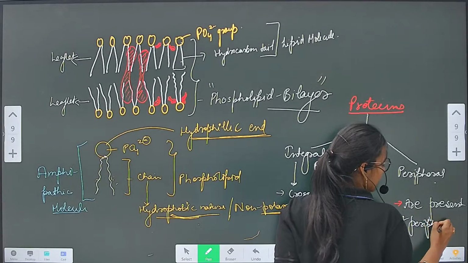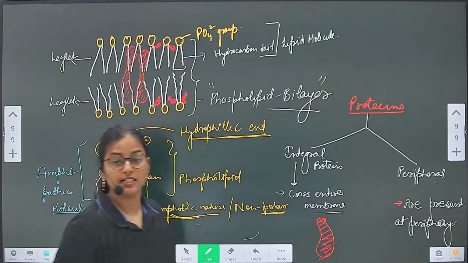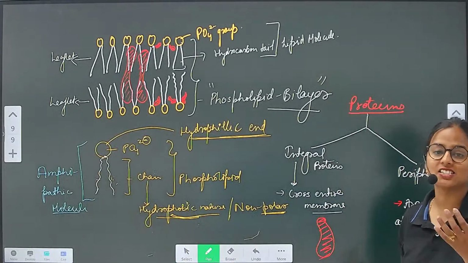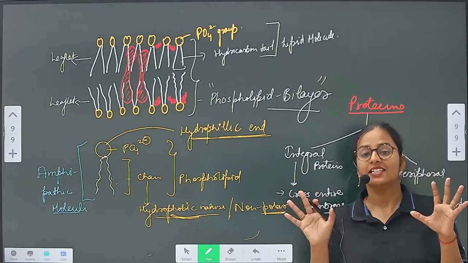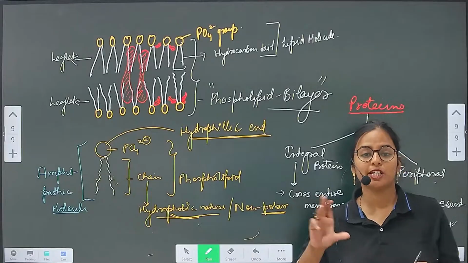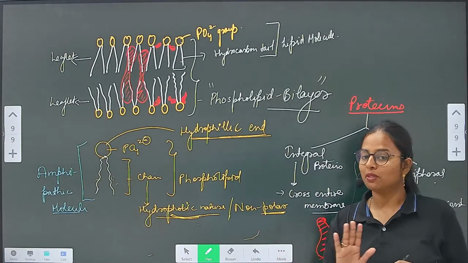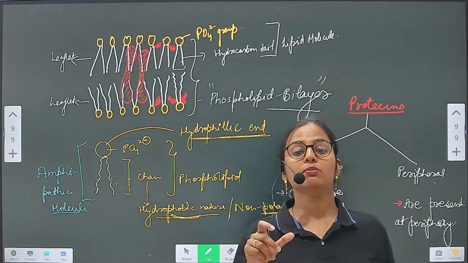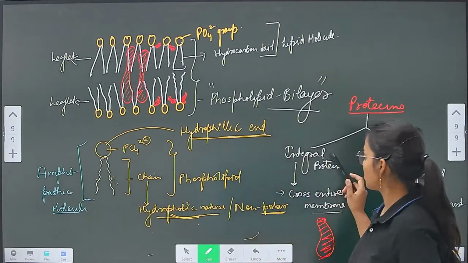Is that clear? So the peripheral proteins are easily released from the membrane if the membrane is agitated, right? If you shake the membrane vigorously, the peripheral proteins can come out, but the integral proteins do not come out because they are deeply buried into the membrane, right? So that is called as integral protein.